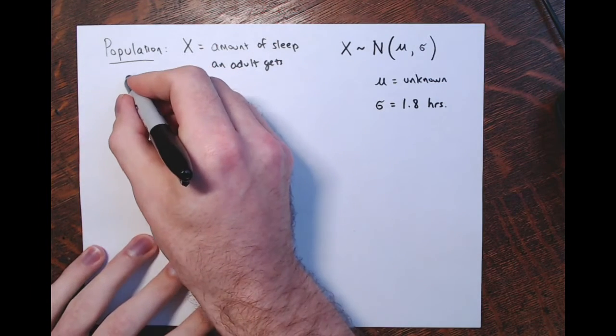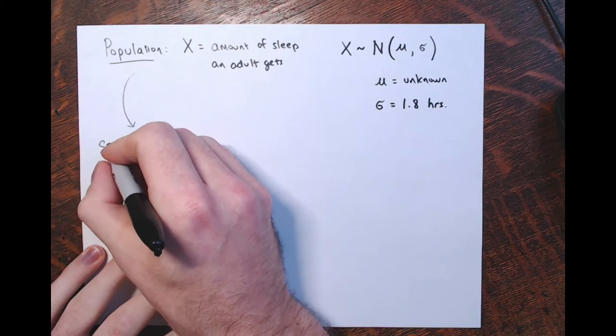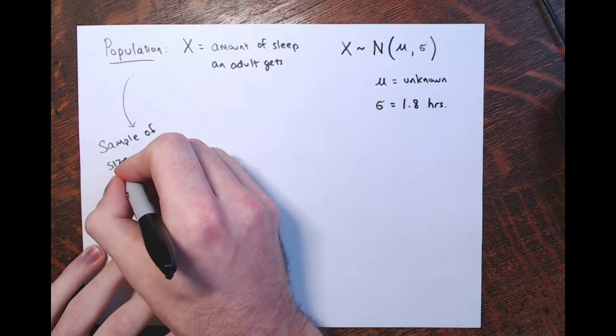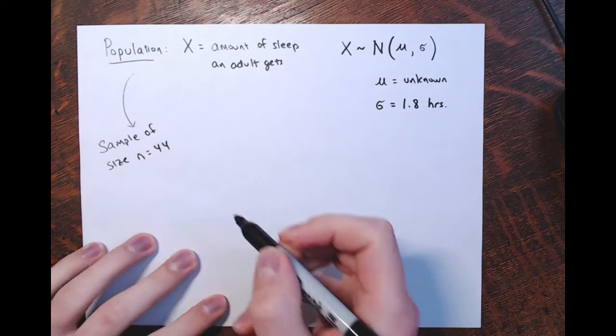Now, from this population, a sample is taken. They said a sample of size n equals 44 is taken.